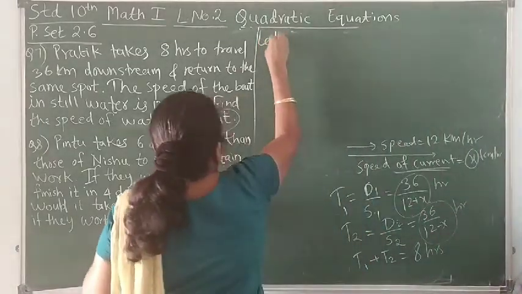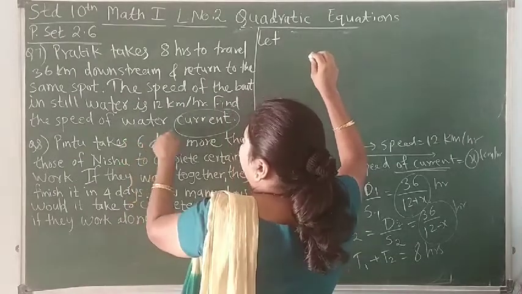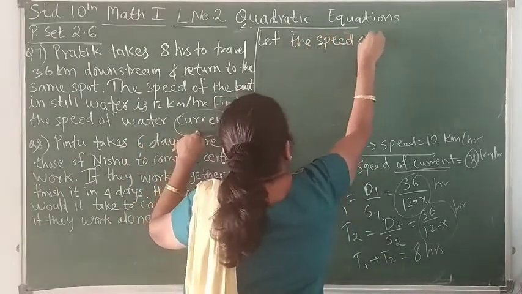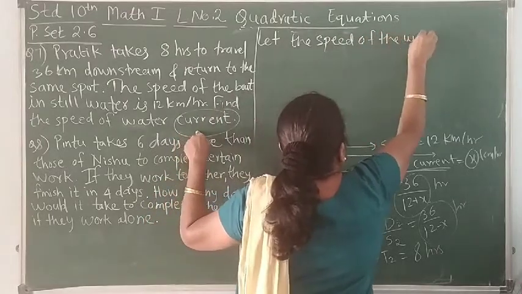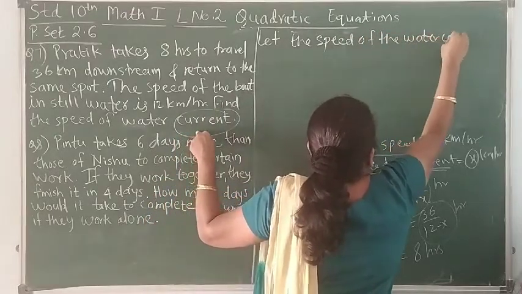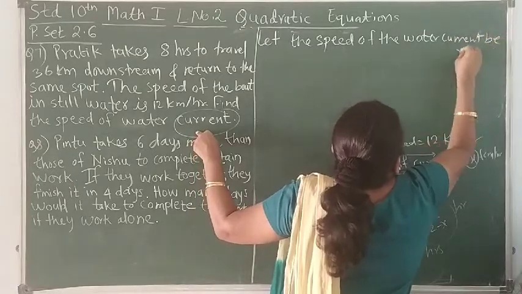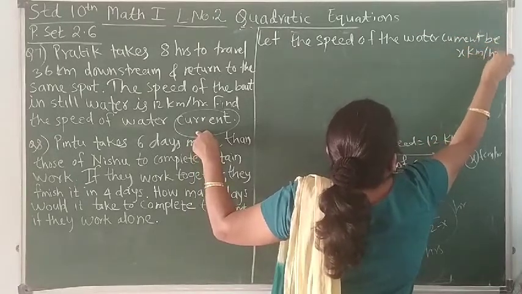Okay, we will see that. Let the speed of the water current be x kilometers per hour.